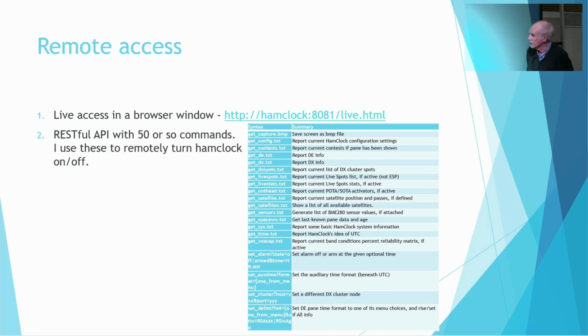I use it to just turn it on and off remotely. When I turn my computer off, it runs a script and it turns HamClock off. Yeah, provided you've punched a hole through your router and got the right IP address and set up some passwords, if that's what you want to do. Yes, you can access it from anywhere.